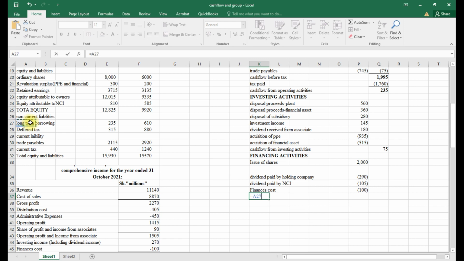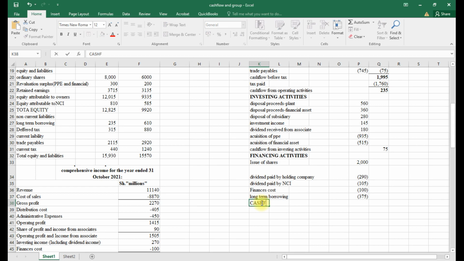It was a repayment of the long-term borrowing. I will take the end balance minus the beginning, so that we get it as a negative, because it was a repayment of the loan. I think again that's all that we had there.